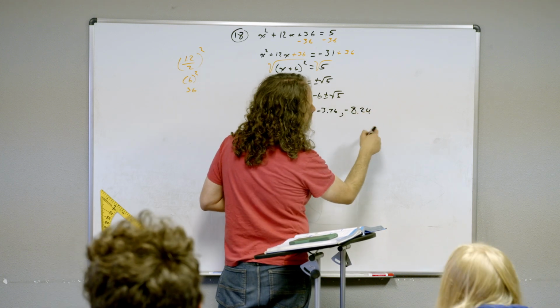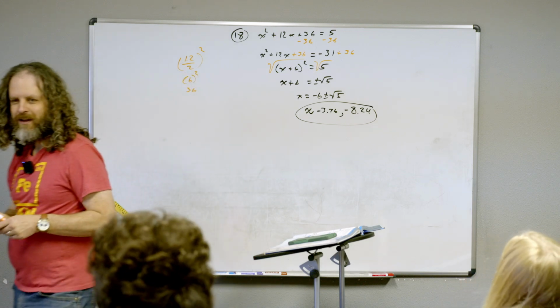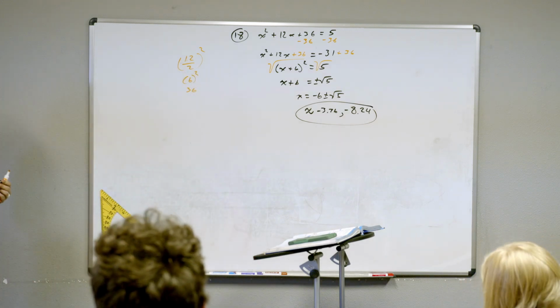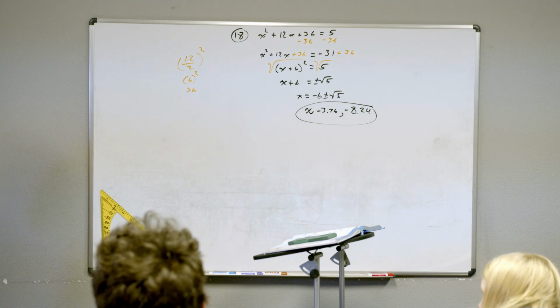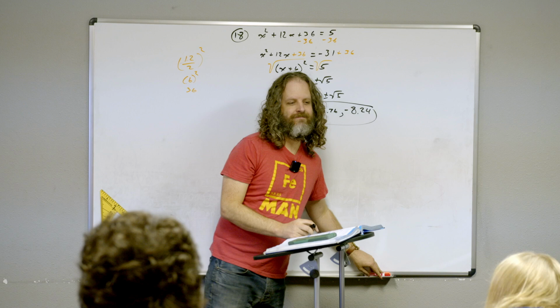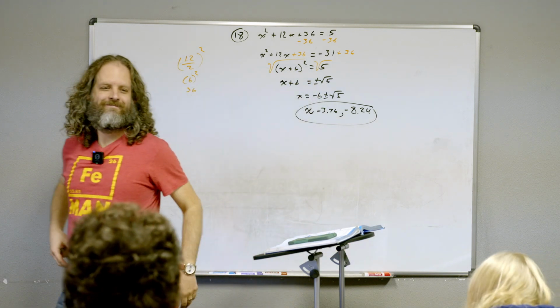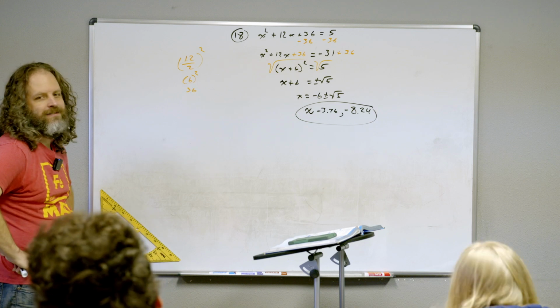Nearest hundredth. Don't forget the approximately equals sign. If I'm grading your tests and I'm feeling particularly irritable that day, I might count off for it. Do y'all understand what I'm talking about?